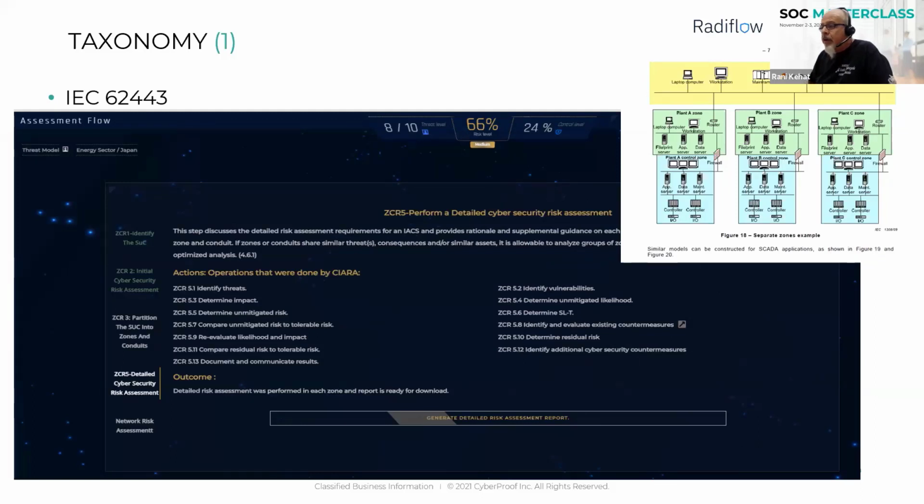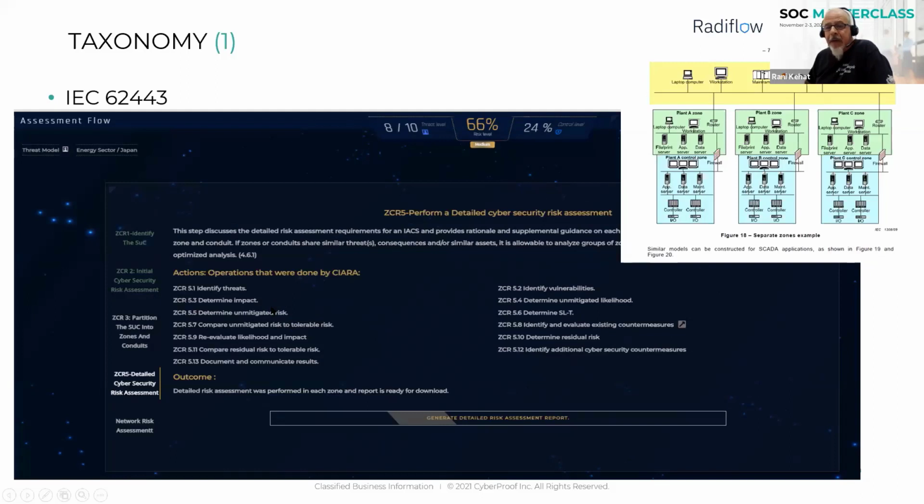You can see here a screenshot of the system that we use, and you can see that we follow the full risk methodology. We'll go through it in the next 25 minutes. Identifying the threats, identifying the vulnerabilities, determining the unmitigated risk and the tolerable risk that you're willing to get hit with.